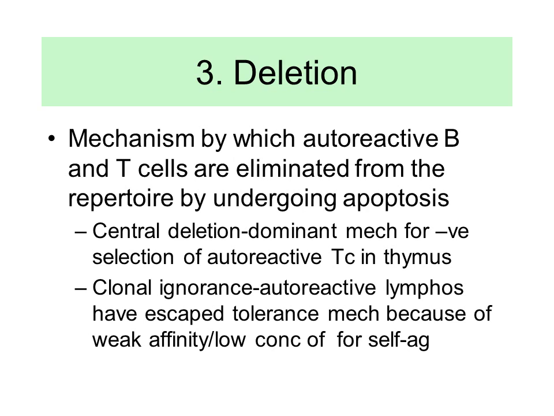Even if you see them, we ignore them. So the body uses clonal ignorance to deal with those cells which were not negatively eliminated in the thymus as a central deletion, and now they are in the periphery.